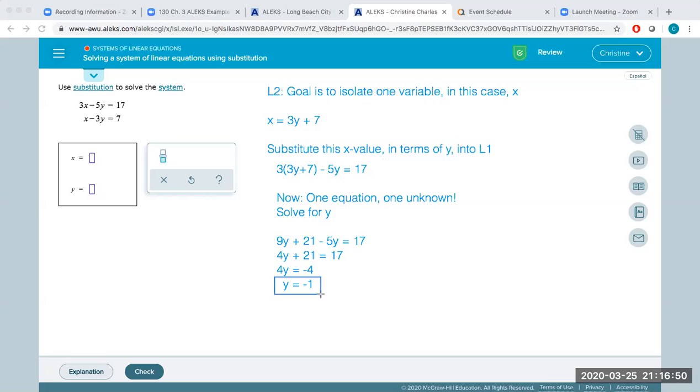Okay. This y value, when I plug it into either line 1 or line 2, it should make both of the equations true. So you just choose one to do. I'm going to back substitute y into either L1 or L2. Choose the one that's going to be easiest for you to solve.